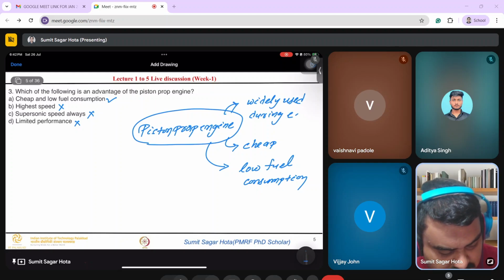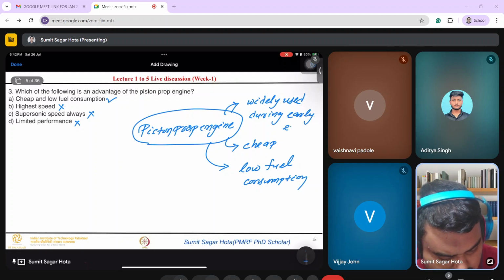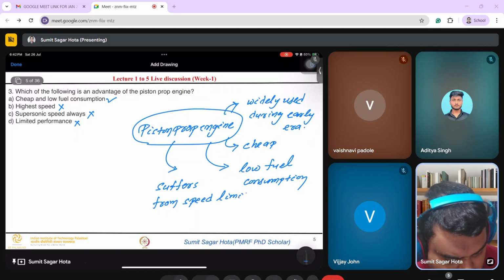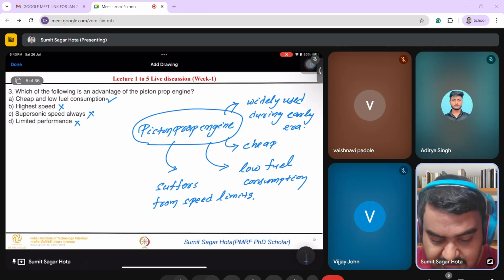That is the reason it suffers from speed limits. These are some of the disadvantages. One disadvantage it has.